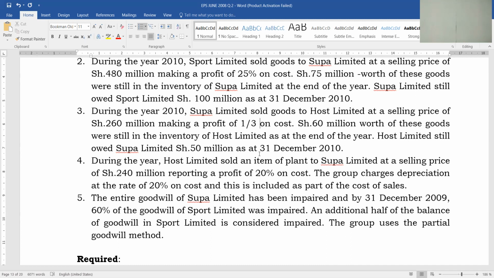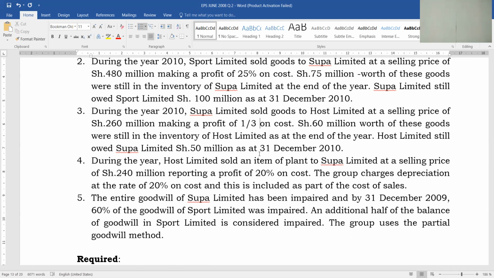Which means that they overcharged. They did a depreciation overcharge. So we need to determine the depreciation overcharge by taking the unrealized profit on fixed assets and multiplying with the depreciation rate of 20%, which is given.